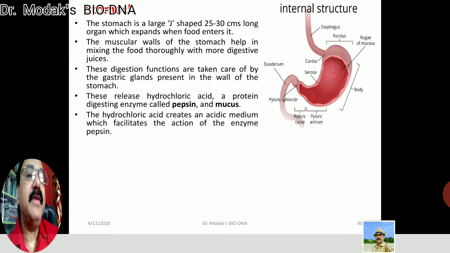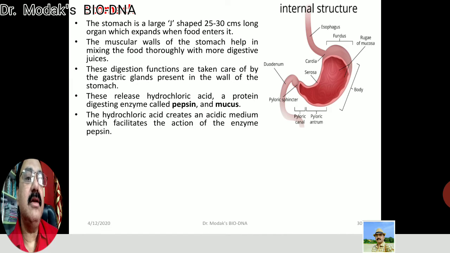Then there is a very big body of the stomach where the food is entering. You can observe the rugae of the mucosa, the inner wall we call mucosa, and there are roughness. This wall is comparatively much thicker, and because of that it shows movement. And because of the movement, as soon as the food enters the stomach, churning takes place.